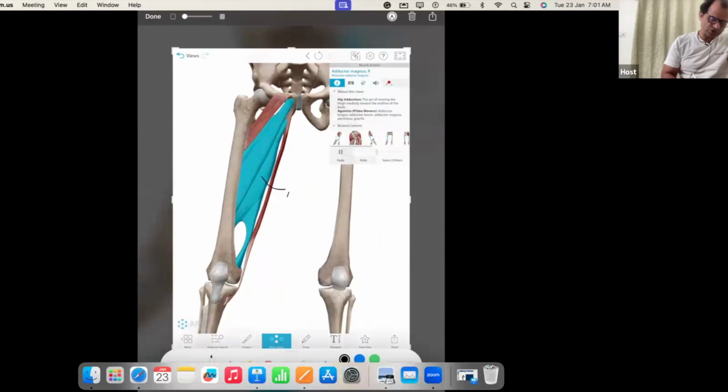Who is doing adduction? They are the adductor group of muscles, like adductor longus, adductor magnus, adductor brevis.